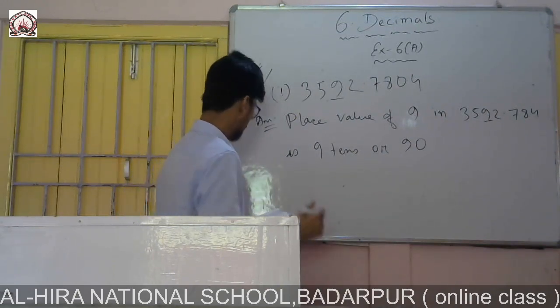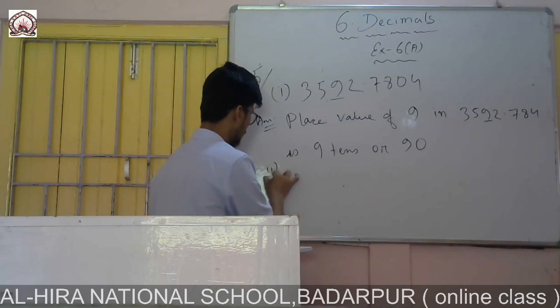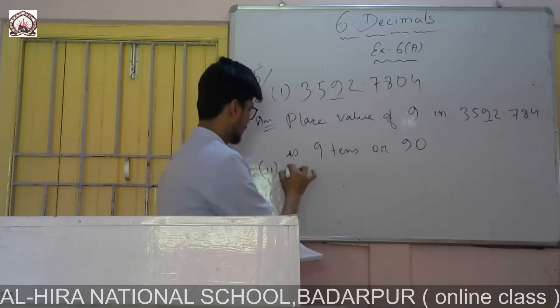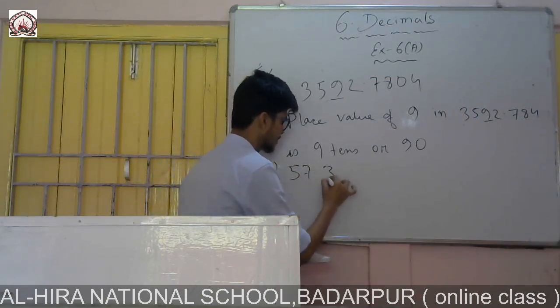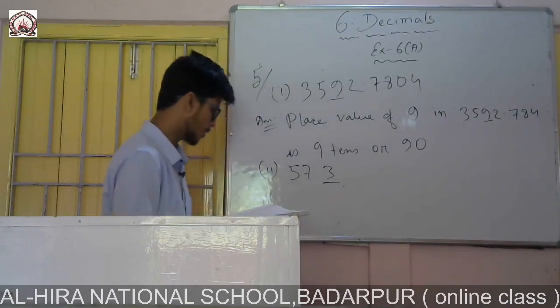Okay, now Roman number 2 let me do. It is 57.3. So you have to find the place value of 3.